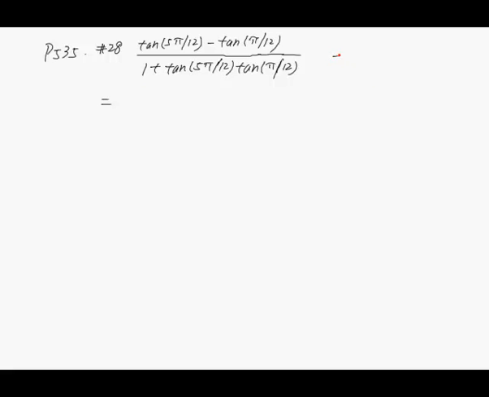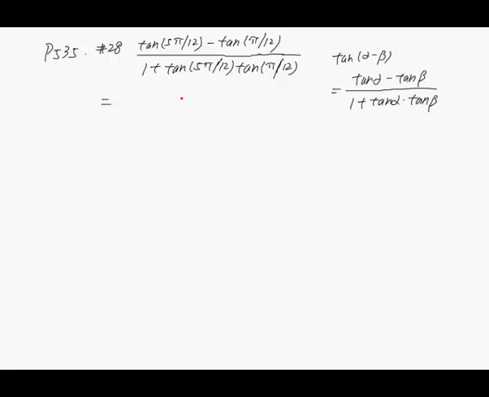So you have the tangent of alpha minus beta equal to tangent alpha minus tangent beta over 1 plus tangent alpha times tangent beta. Okay.